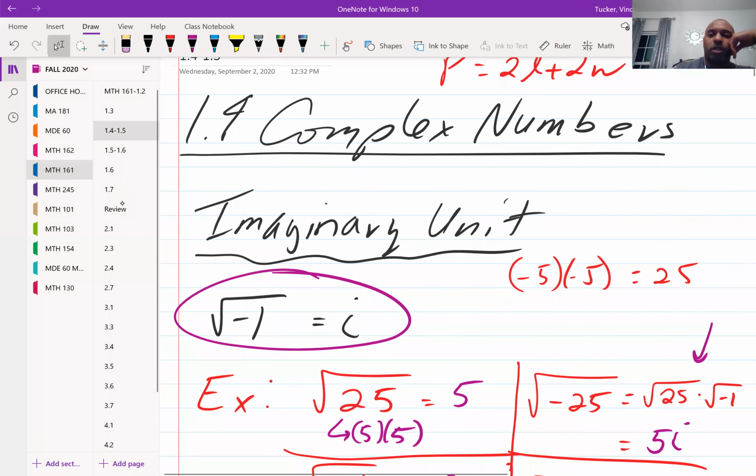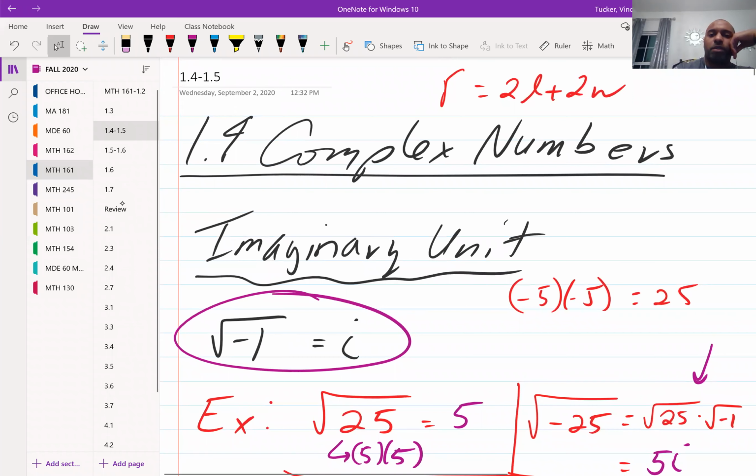All right, so we're looking at complex numbers, 1.4. So when we look at complex numbers, the first thing we have to begin discussion with is the imaginary unit.